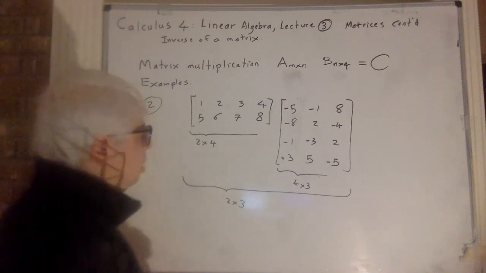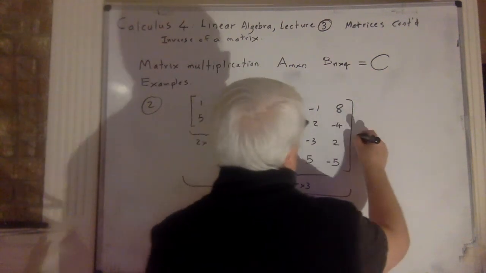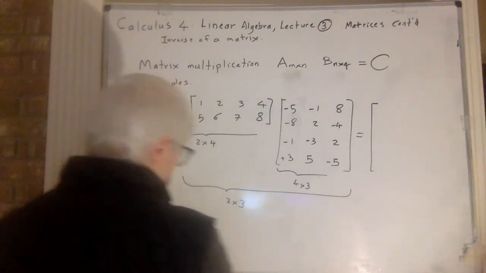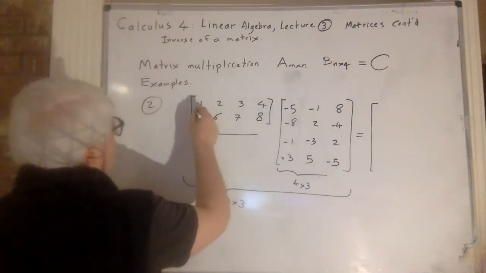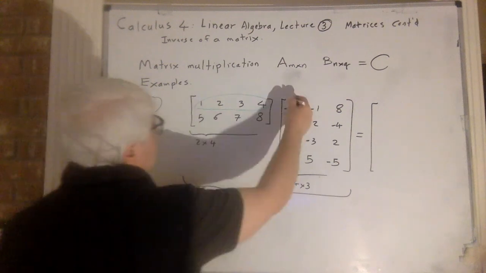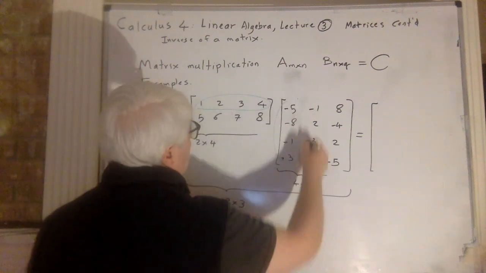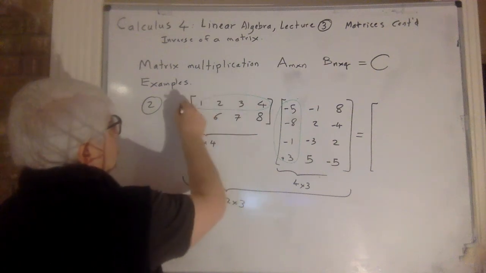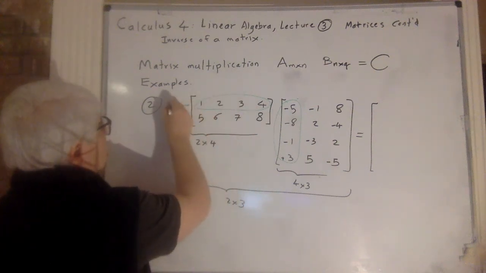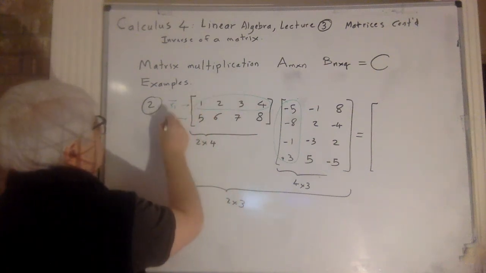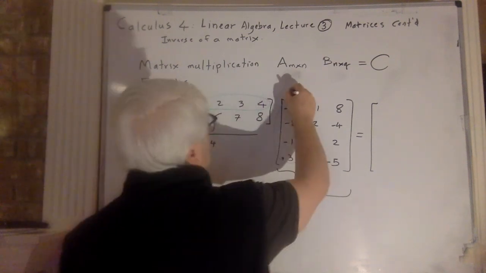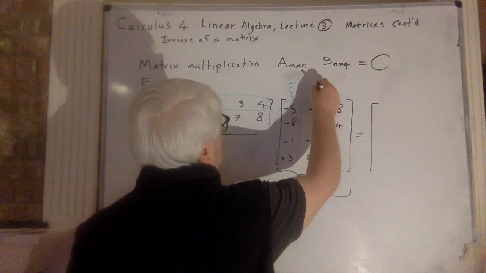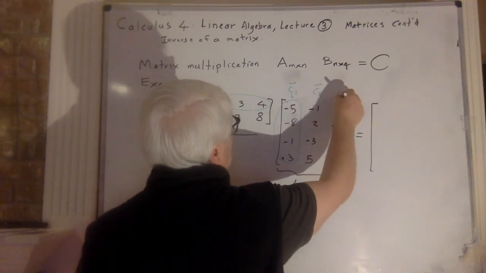So let's write one by one. This times this is R1C1. This is R1, and this is R2. This is C1, this is C2, and C3.